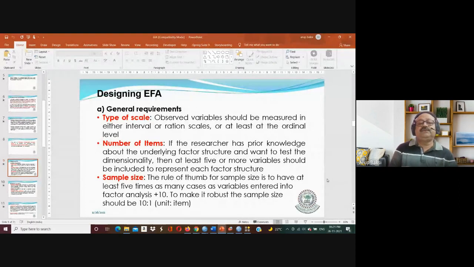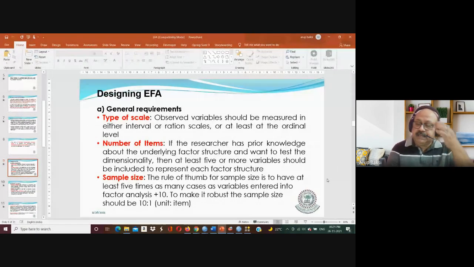So what is the rule of thumb? Suppose you have 30 variables, you need a minimum of 300 sample size. You have 20 variables, you need a minimum of 200 sample size. So the unit is to item. For every item, the sample unit size should be 10. So one item means one variable.